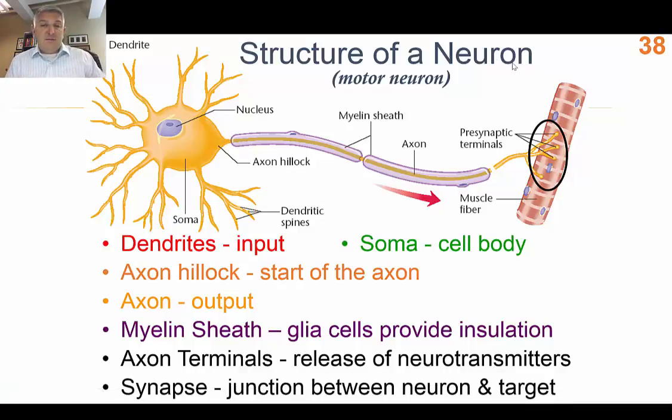Finally, we have the synapse. It's not really part of a neuron, but this is the very narrow gap junction between the neuron and its target.